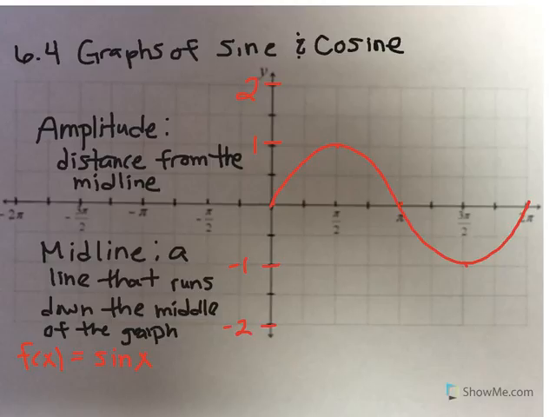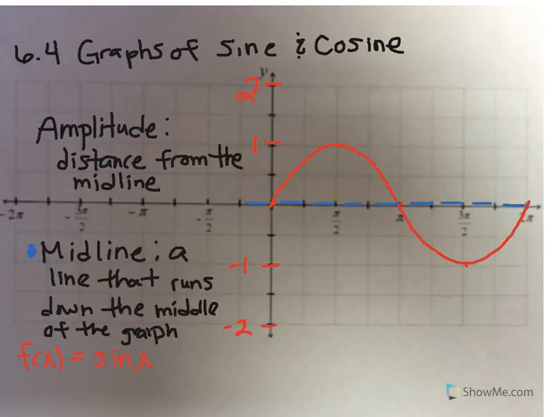It is a line that runs down the middle. So in blue, I'm going to outline where the midline should be. It should cut this graph in half, but it's a horizontal line. I'm going to just do this with dashes, but this is where the midline would be.